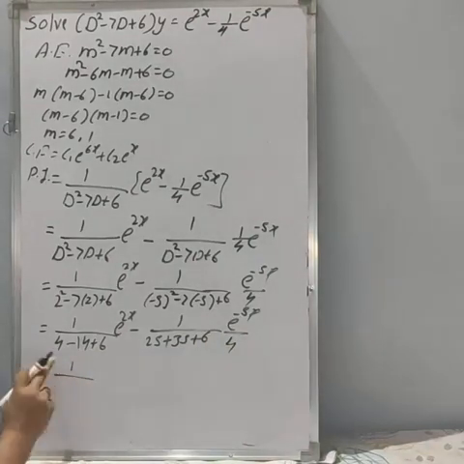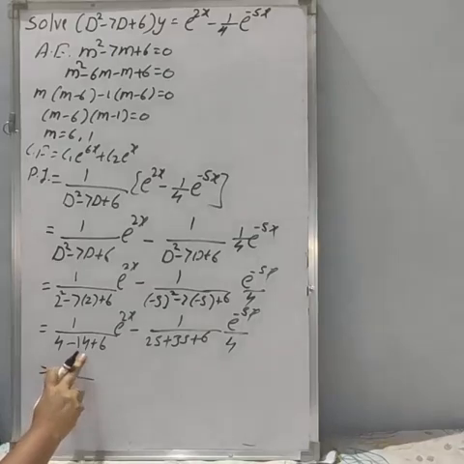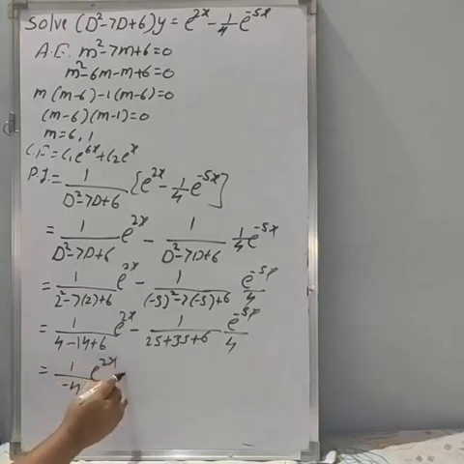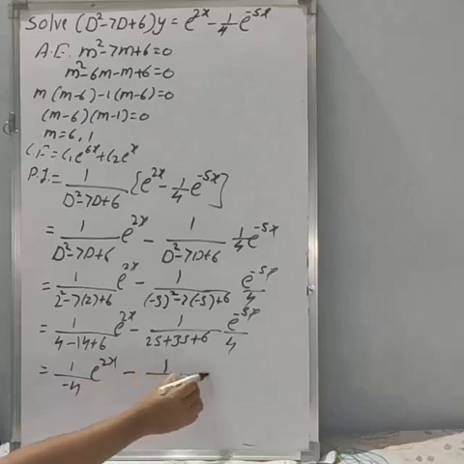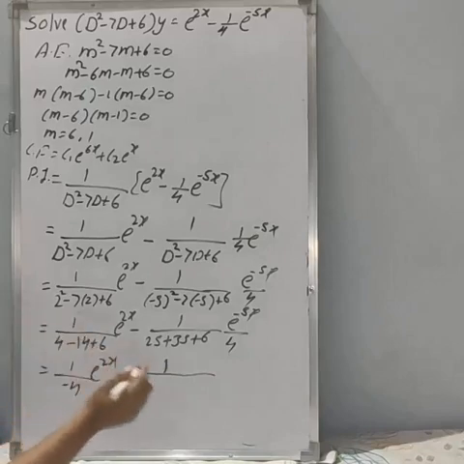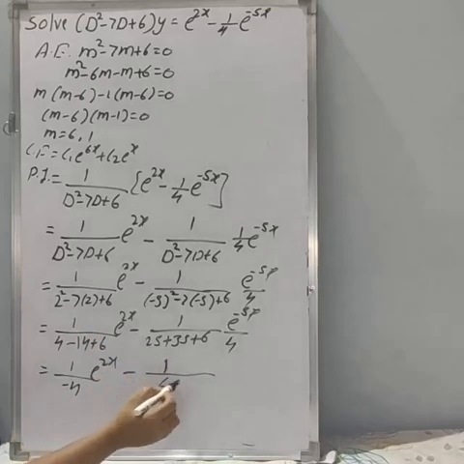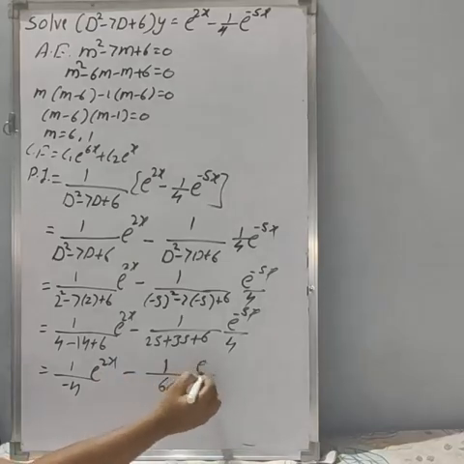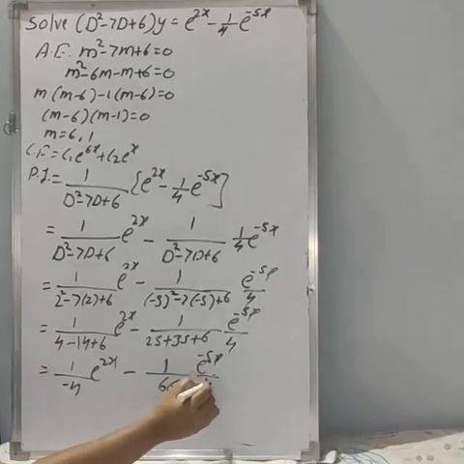You will get 1 divided by 4 minus 14 is minus 10 plus 6, that is minus 4, e to the power of 2x, minus 1 divided by 25 plus 35, you will get 60 plus 6, that is 66, into e to the power of minus 5x divided by 4.